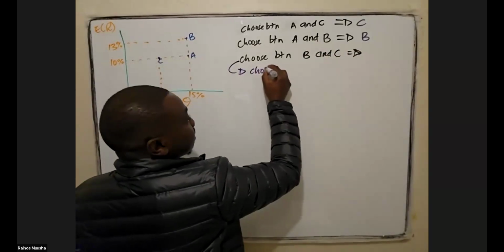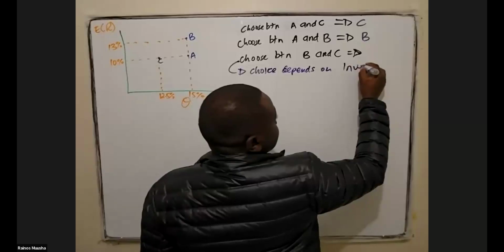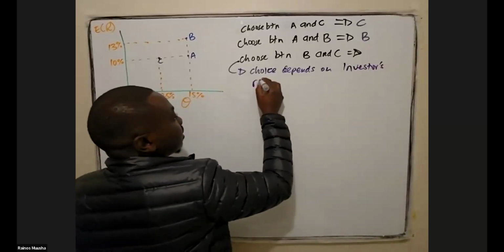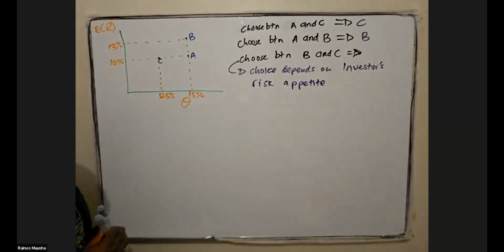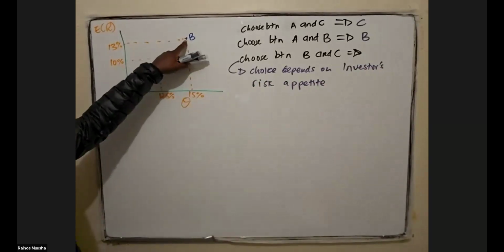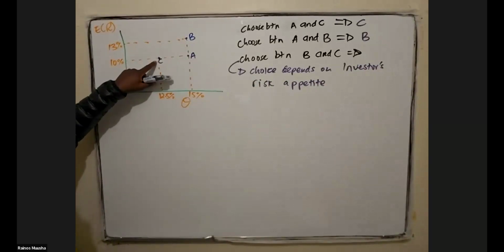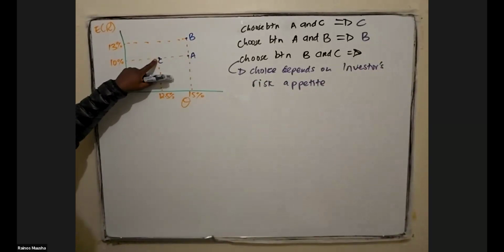Because the choice depends on the investor's risk appetite. If the investor wants to take on more risk, isn't it, they are going to choose investment B. And if the investor wants to take on less risk, they're going to choose what? Investment C. So it all depends on exactly what the risk appetite of the investor would be.